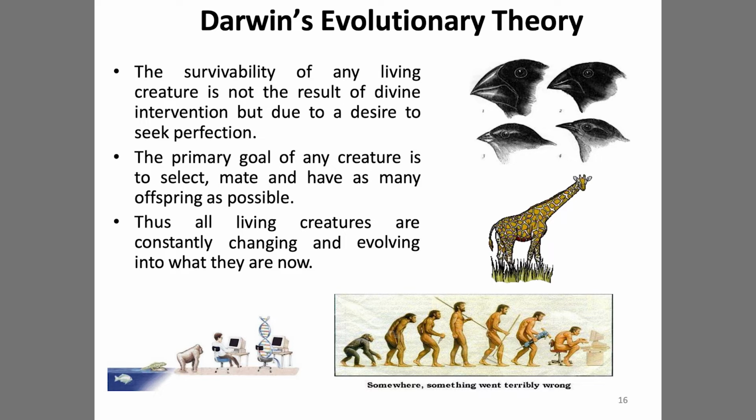Otherwise it will go off through the operation mentioned in the previous slide, that is, the selection operation. In general, what Darwin observed is that the primary goal of any creature is to select, mate, and have as many offspring as possible. The same principle is coined here with respect to genetic operations like elitism, selection, crossover and mutation.